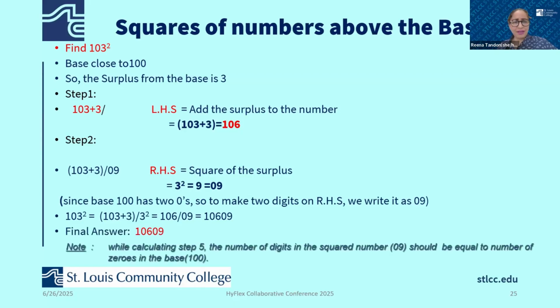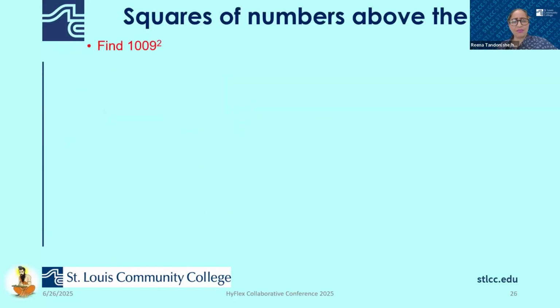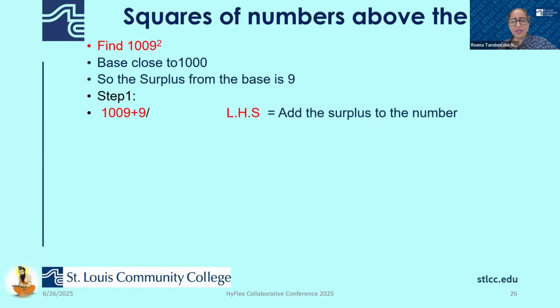So can I give you small questions? Can you see this next one? Like 1009, its base is 1000, so it's a surplus of 9. So I can write 1009 plus 9, so it will be 1018. And for the final part, 9 squared is 81.